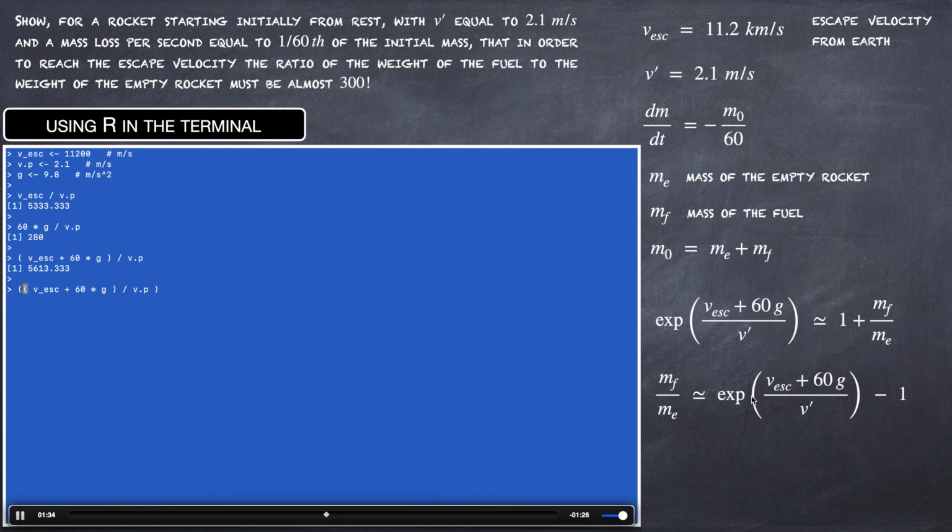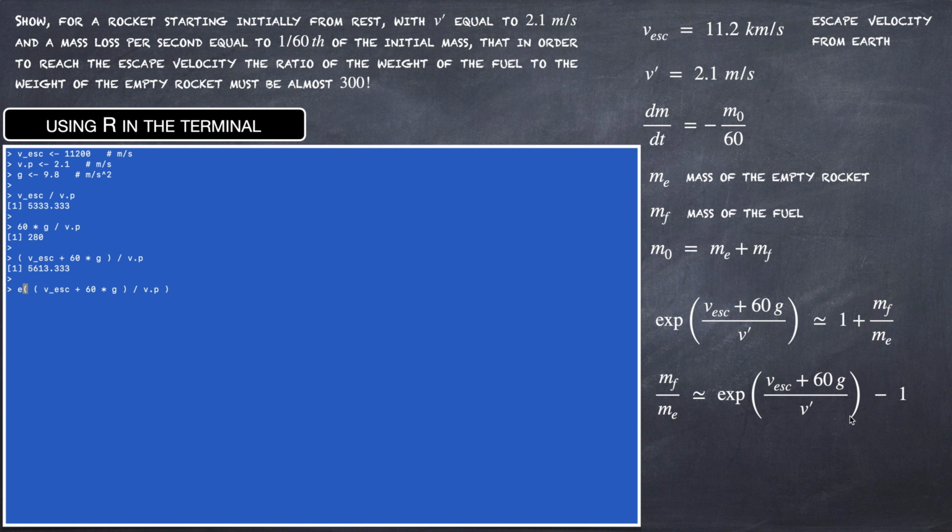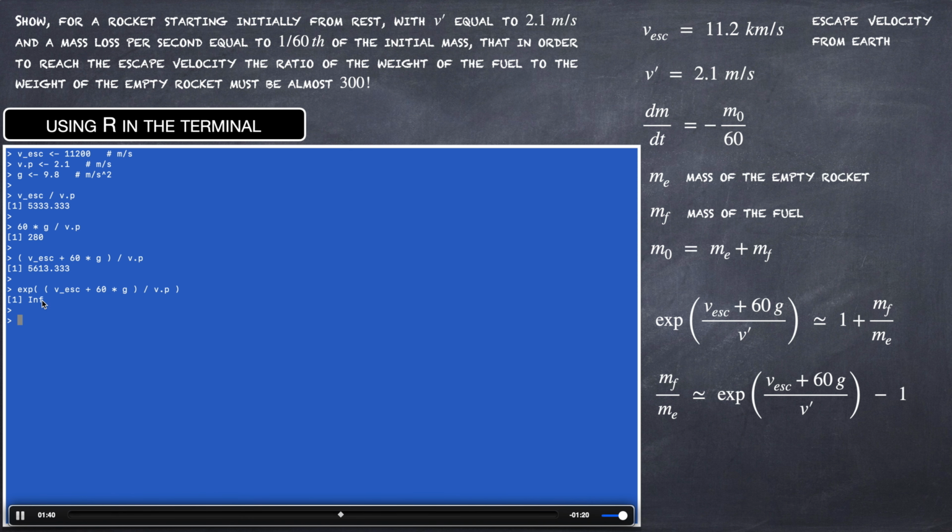Now, let's consider the exponential of this term. So the exponential of this term gives infinity. So we have an issue here. We have a problem. The exponential of 5,600 is infinity. So let's try to find the exponential of 1,000. It's also infinity. So the exponential of, for instance, 500. This is 1.4 times 10 raised to the 217 power.